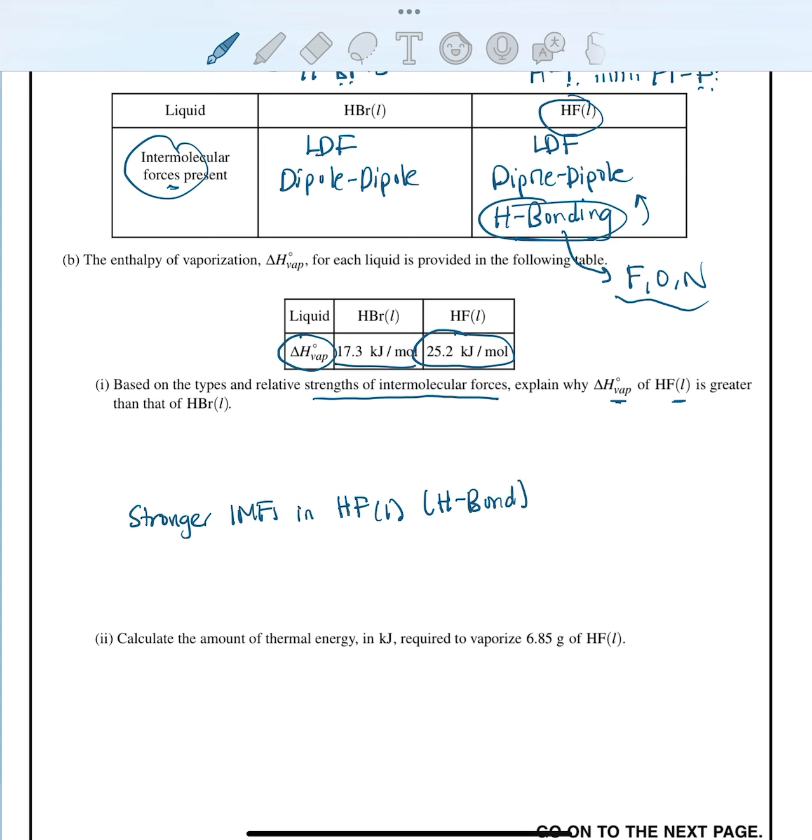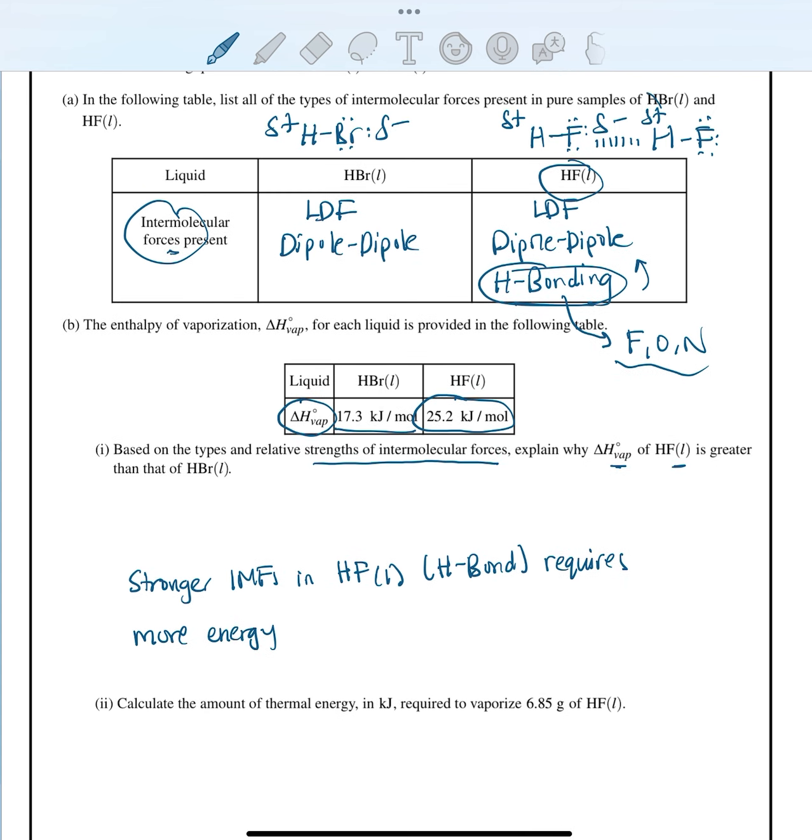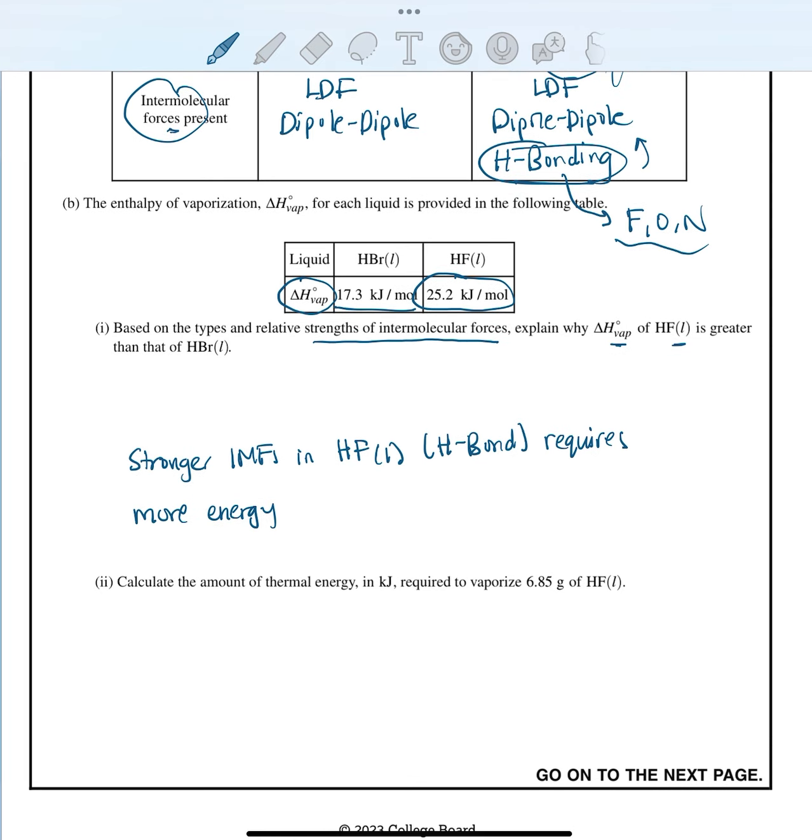This stronger intermolecular force is going to result in more energy for you to separate these HF molecules away from each other. To change this into a gas, we need to sever this hydrogen bond. We need to separate those molecules so that they become really far apart from each other and turn into the gaseous phase.